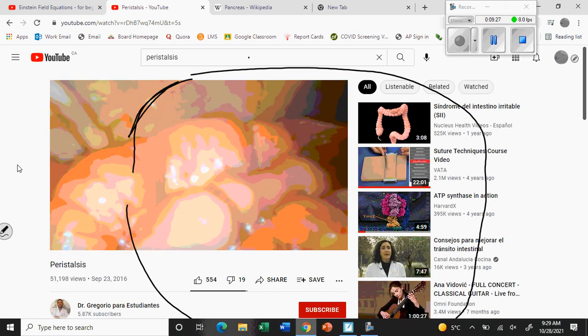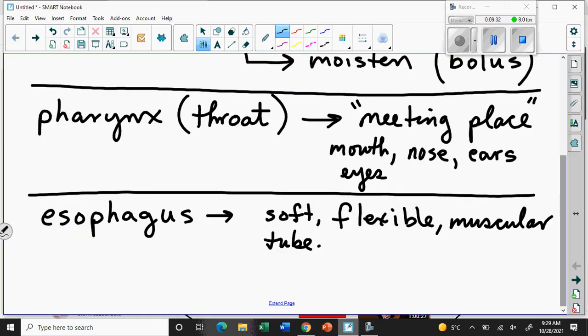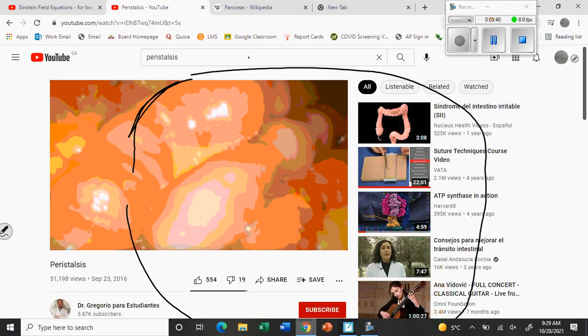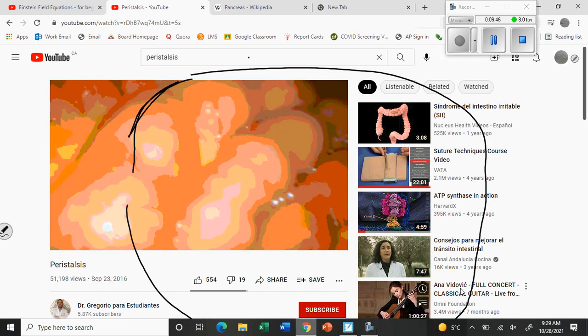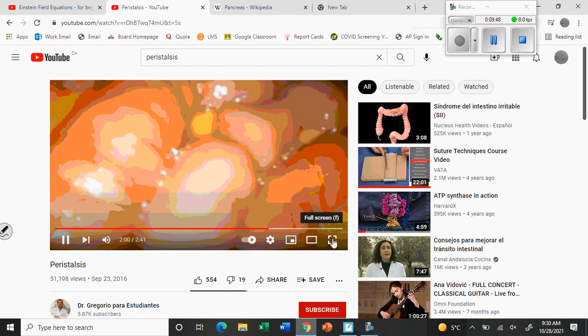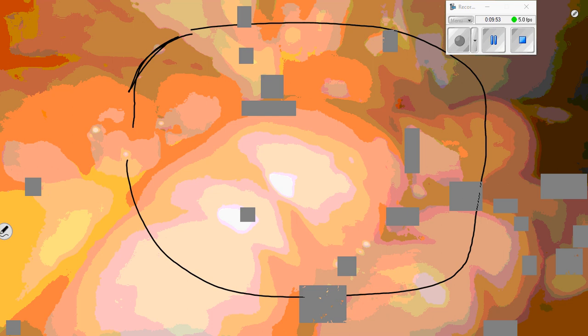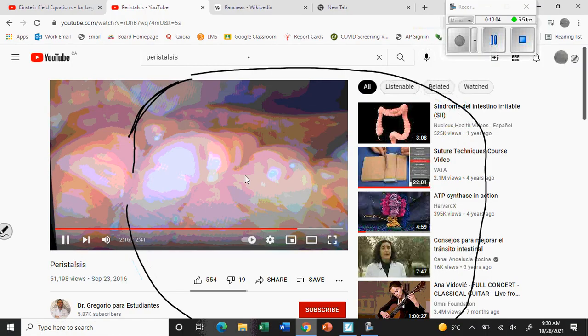This is not an esophagus. This is in the intestine, which does the same thing. This is, I think, the colon, or maybe the small intestine. Anyway, you can see it doing this pushy thing. It's a blurry picture, but that's the idea anyway. Okay, so that's this peristalsis.